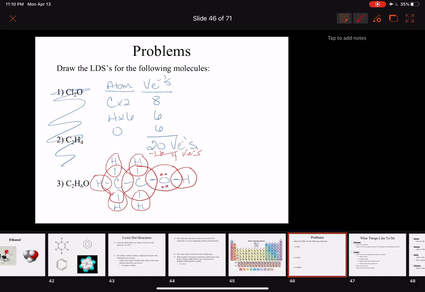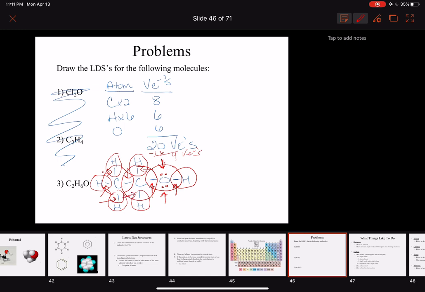And then if we count around, we can see that oxygen has 2, 4, 6, 8, and it's satisfied the octet rule there. And if we want to check to make sure we used up 20 valence electrons, again, 2, 4, 6, 8, 10, 12, 14, 16, 18, 20.